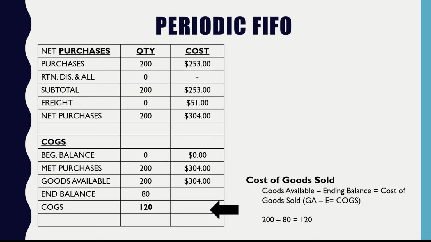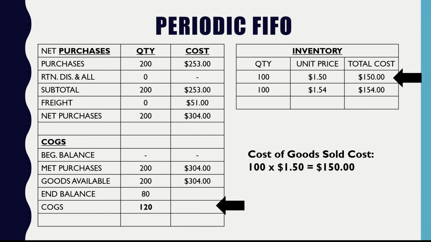120. Now that we know that we sold 120 units, this is where FIFO comes into play. So this is what we have available. We have two batches available: one batch of 100 at $1.50 and our second batch of 100 at $1.54. Now, if we're treating this as FIFO, which batch are we going to use first?